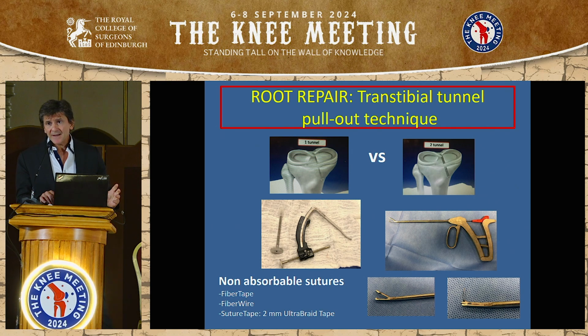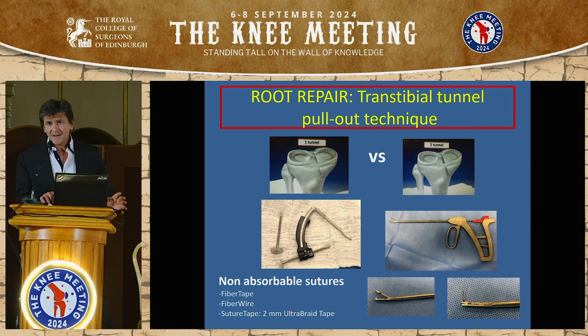There are many techniques. My favorite technique is the trans-tunnel pull-out technique, where you use the tibial guide in order to perform the tunnel, and you need a Scorpion or suture lasso for passing sutures. You can use 1 tunnel or 2 tunnels.